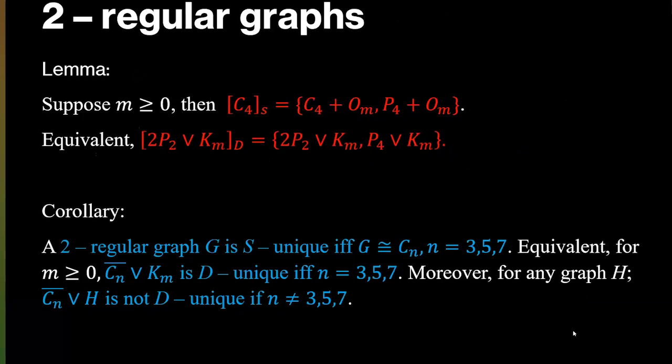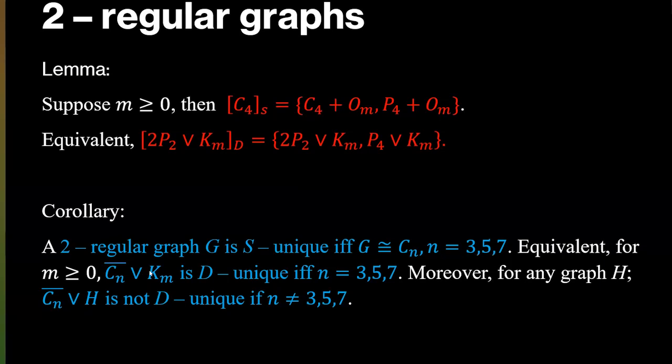Using what we have seen just now, the star equivalent class of C4 and also the D-equivalent class of 2P2 that we have seen just now, we can conclude from the previous result that a two-regular graph G is S-unique if and only if G is the cycle of order 3, 5, or 7.